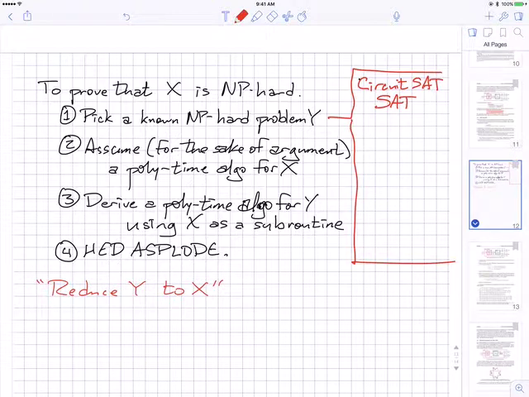Okay. So I want to show one more somewhat non-trivial example of this idea. Because so far the examples of NP hard problems I've shown you are either magic or just notation. Okay, so circuit SAT being NP hard, with a couple of hours of farting around with Turing machines, I could probably convince you.